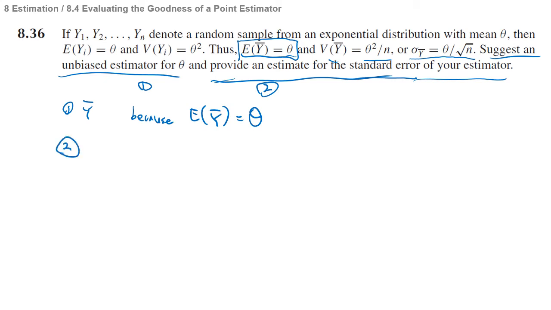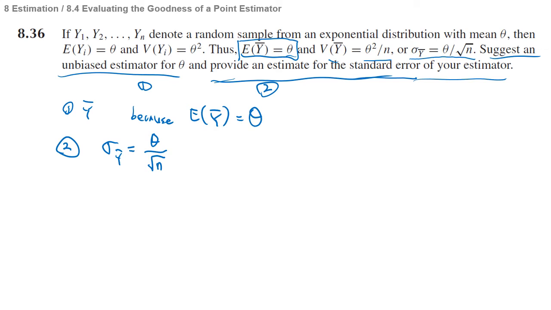And second, provide an estimate for the standard error of your estimator. The standard error of Y bar is theta over square root of n.